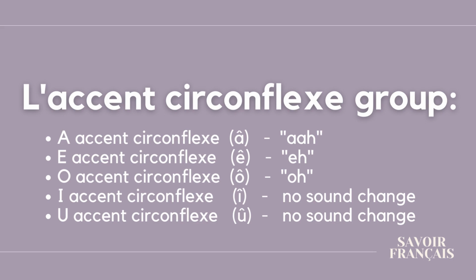E accent circonflexe is pronounced as ê. O accent circonflexe is pronounced as ô. I accent circonflexe has no sound change, and U accent circonflexe also has no sound change.